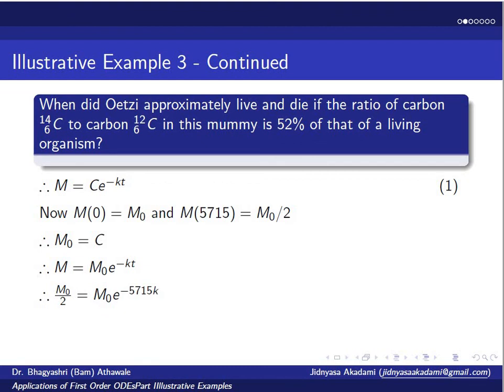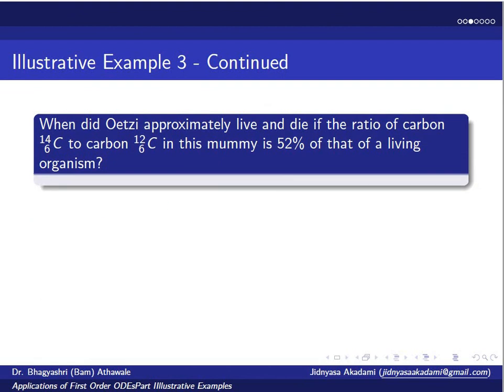We can find the value of K. This M0 will get cancelled with this M0 and therefore e raised to minus 5715K is equal to half, and therefore 5715K is equal to ln of 2, the reciprocal of this, or K is equal to 0.00012.